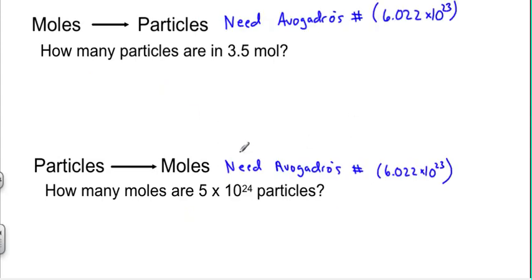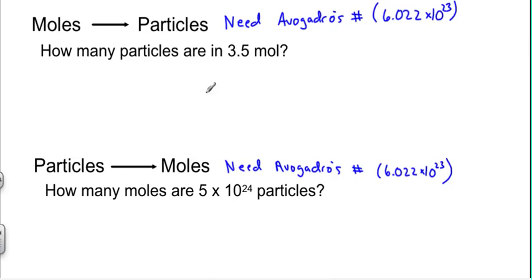The next calculation that we'll need to be able to do is going from moles to particles. Instead of using the actual molar mass or formula mass, what we're going to use is Avogadro's number, which is 6.022 times 10 to the 23rd.